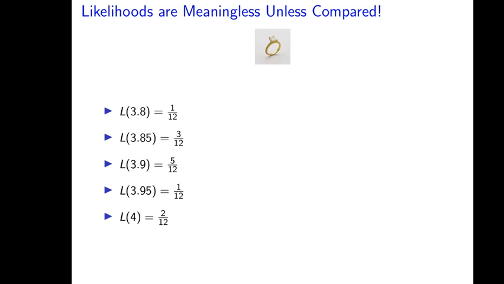So we can count the likelihood of each estimation that came from the jewelers. We can see here that we have 5 different values of ring weights, and each value has certain repetitions. This value is repeated 1 time, this is repeated 3 times, 3.9 has been received 5 times, and so on.